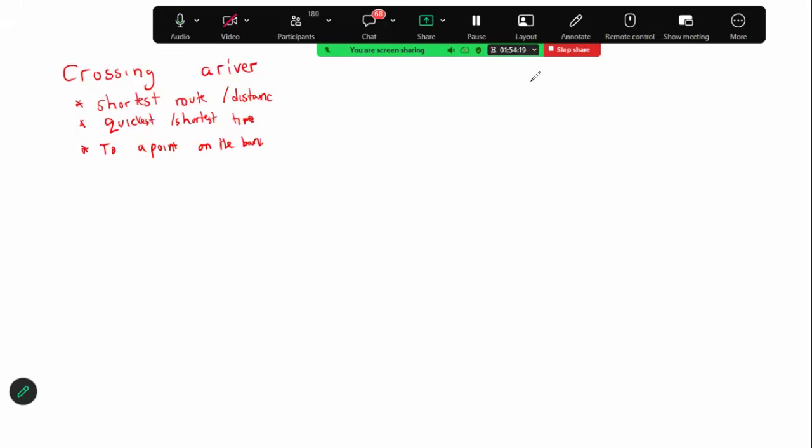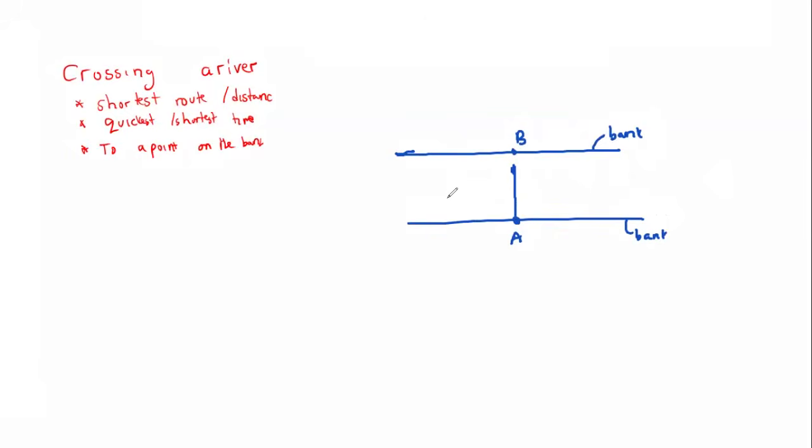Now, when you are crossing a river, we always consider parallel banks. This one we call a bank, and this one we call a bank. Now, if you have a person at this point, let me say this is point A, and this is point B, and you want to cross this river from point A to point B, you have 2 options to take, because remember, a river flows at a very high speed.